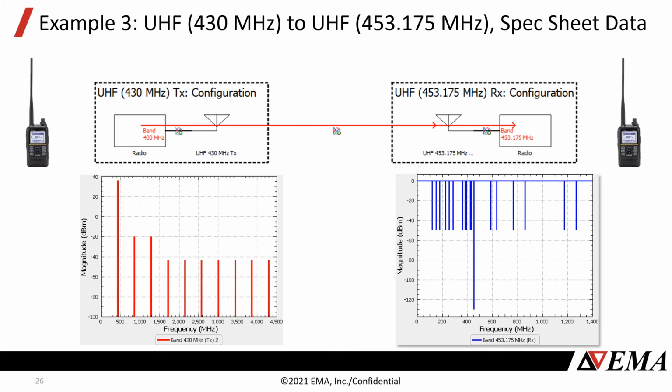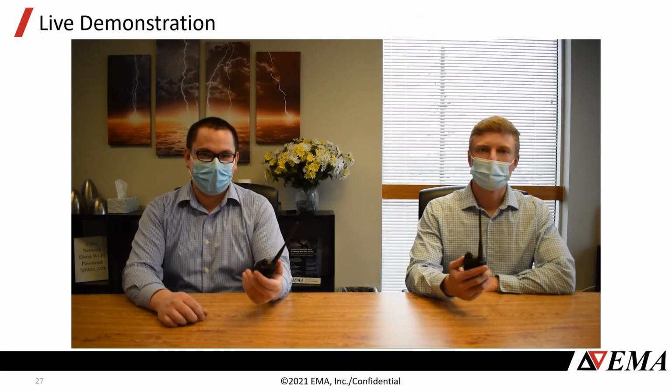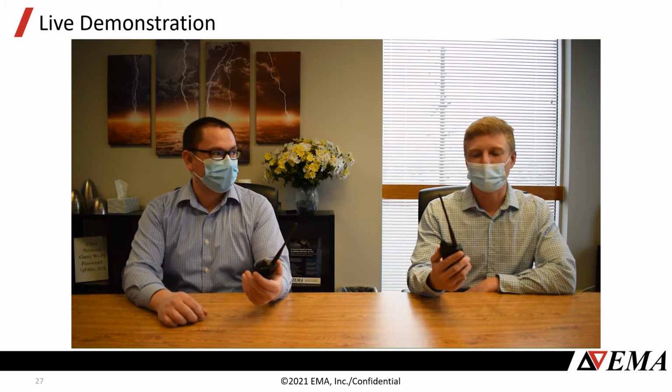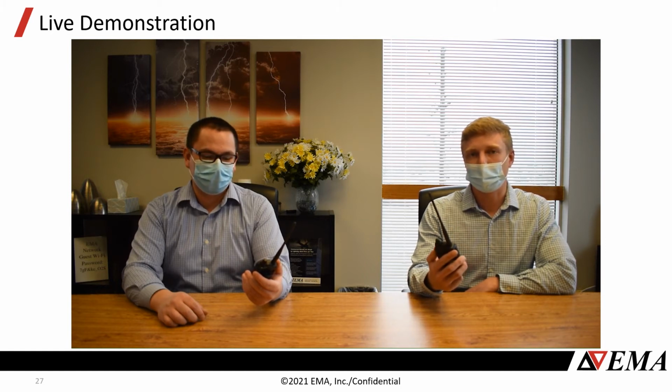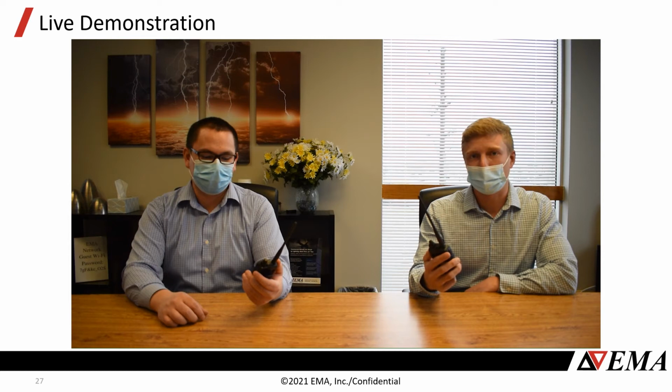And again, we start out by showing the spec sheet models that were built for the transmitter and receiver. And so here's another interference case where we have our receiver tuned to 453.175 megahertz. And with the down converter in this receiver, there's a mixer product that falls right at 430 megahertz.